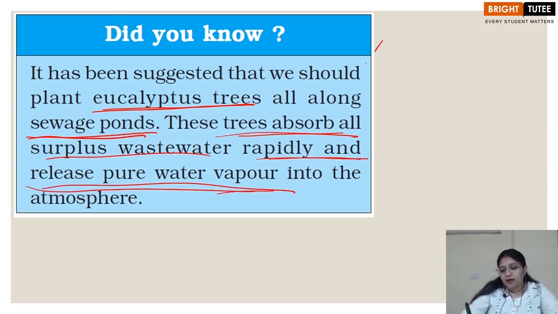So this is a biological, environment friendly method used to clean up the water. They quite rapidly take up the wastewater and clean the water in the process of releasing clean water vapor into the atmosphere. This again is one of the methods which can be utilized, thus reducing the pressure on the sewage system, plus it will also enhance the green coverage of the area.